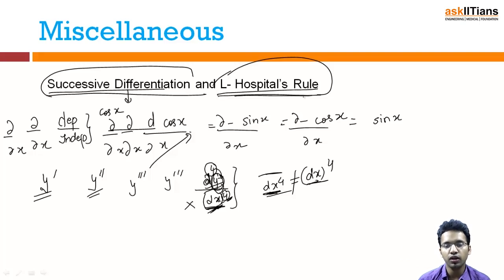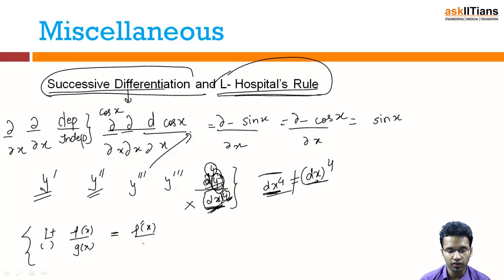L'Hospital rule is a very simple rule for evaluating limits. What it says is, if the limit of f(x) over g(x) is an indeterminate form, then you take the limit of f dash x over g dash x, same limit.